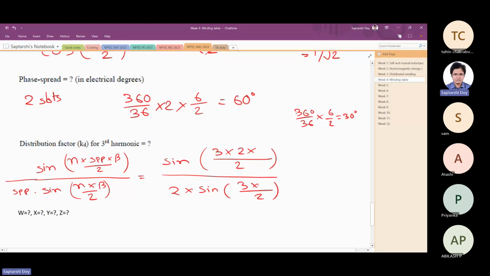So you put 30 in 30. Sine 90 is 1. Sine 45 is 1 by root 2. So 1 by root 2. Understood? Why I got this value of beta?